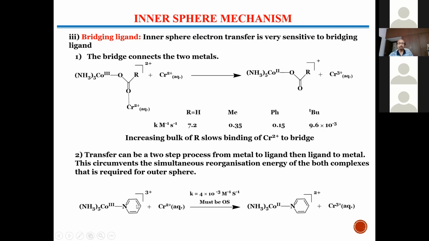If you put one nitrogen over here, that is pyrazine, and pyrazine can be used as a good bridging ligand. And amine, we know it cannot form the bridge. And on the chromium side, water cannot be a good bridge. So there won't be any bridge, and that is being reflected in the slower rate. So one could confidently argue that this is going towards the outer sphere mode.